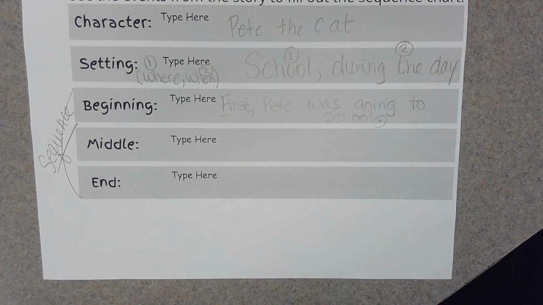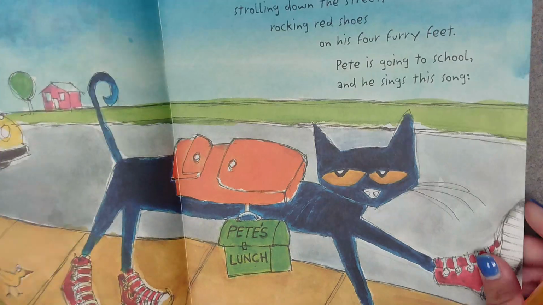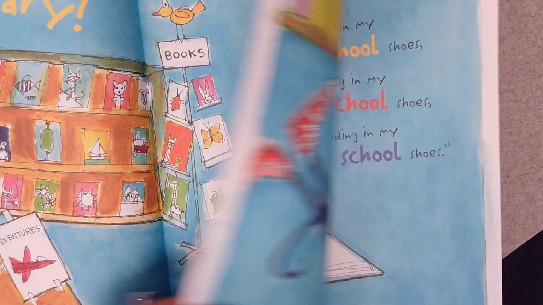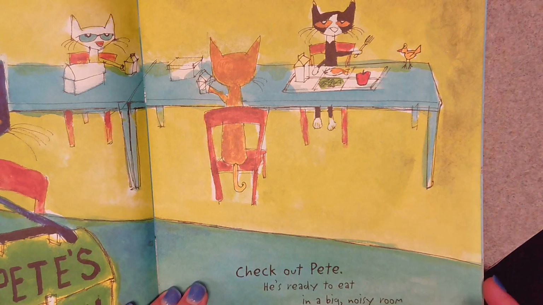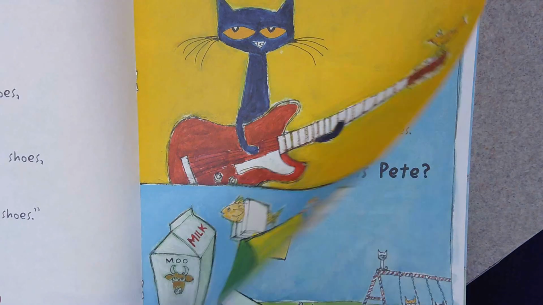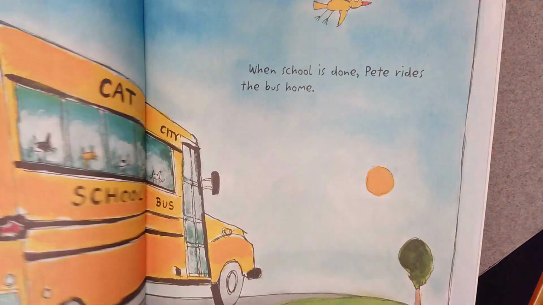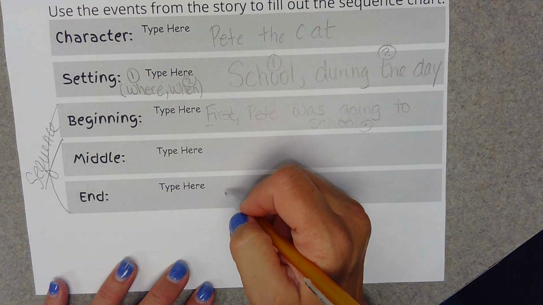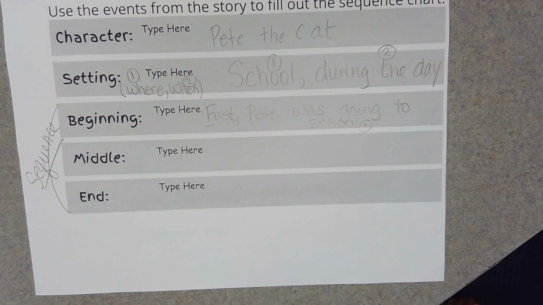Now, what happened in the middle of the story? Well, lots happened in the middle while he was at school. He went to the library. He went to the cafeteria. He went to the lunchroom. He was eating. He was on the playground. I think I'm going to use the word then. Let's look back in my notebook. Maybe I don't want to use the word then.